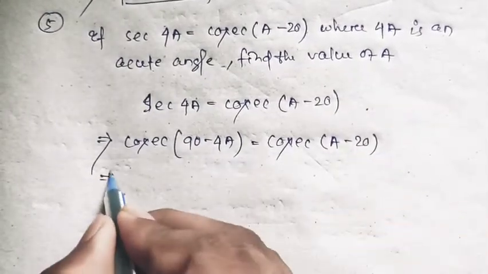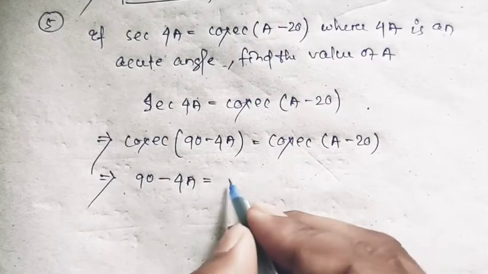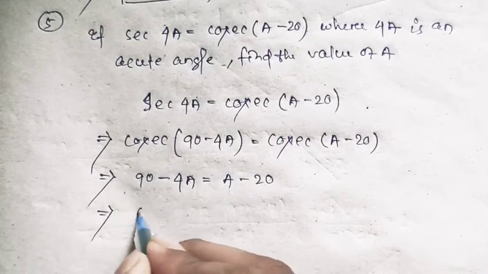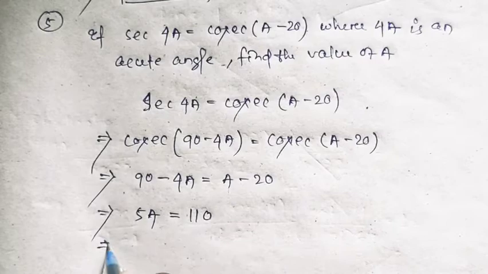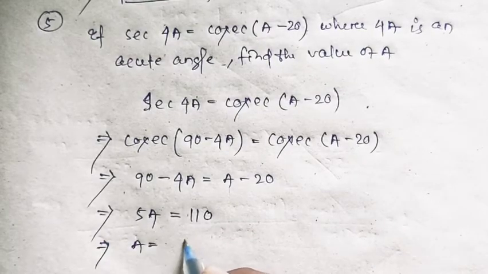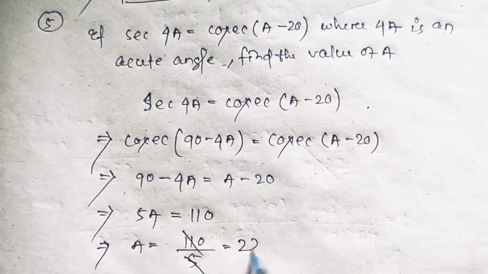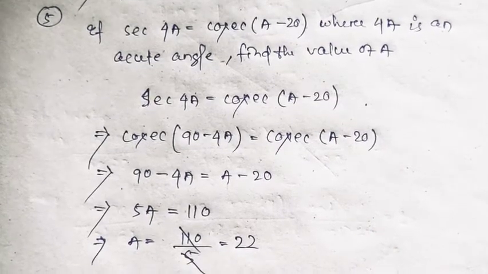From this I can write 90 minus 4a is equal to a minus 20. This implies 5a is equal to 110. This implies a will be 110 divided by 5. A is equal to 22. I hope you understand question number 5.